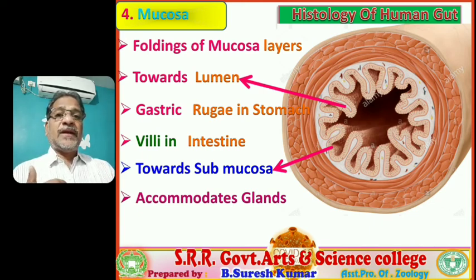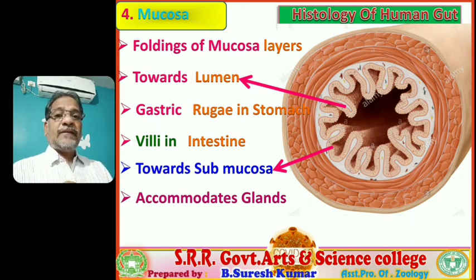In the case of the small intestine, crypts of Lieberkühn are present. In detail, in the next class we will discuss what crypts of Lieberkühn, intestinal glands, and gastric glands are. That will be learned in the digestive glands topic. So whatever foldings are present towards the submucosa side, they accommodate the glands.